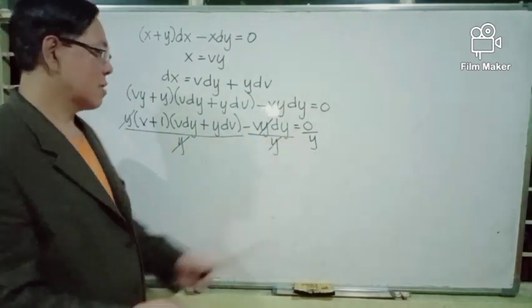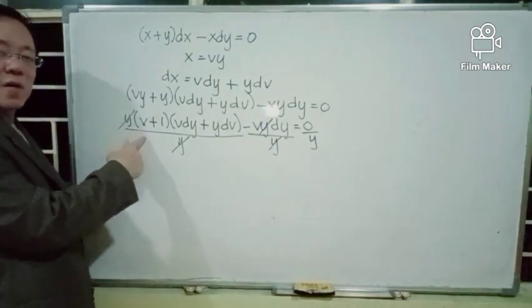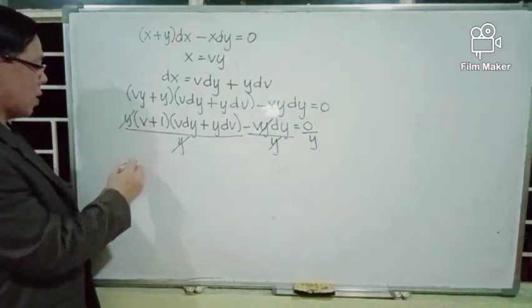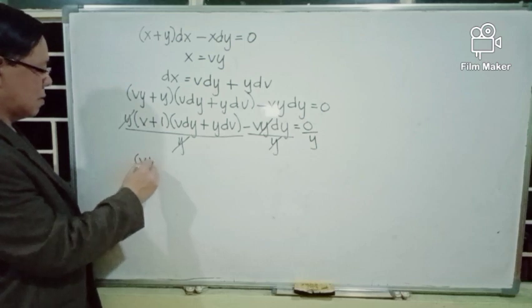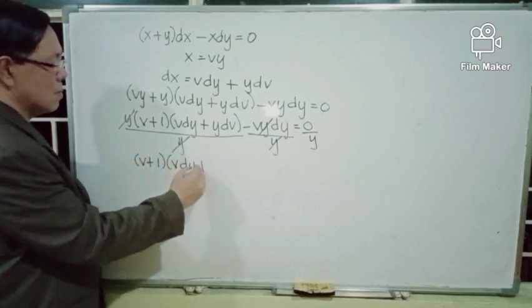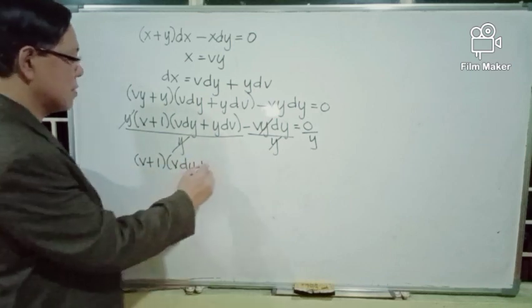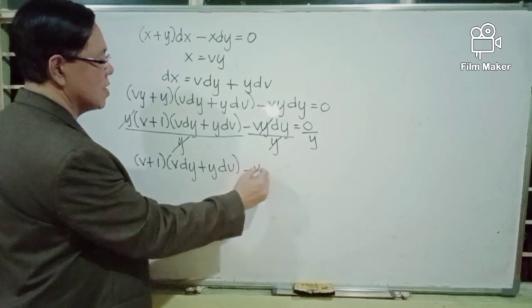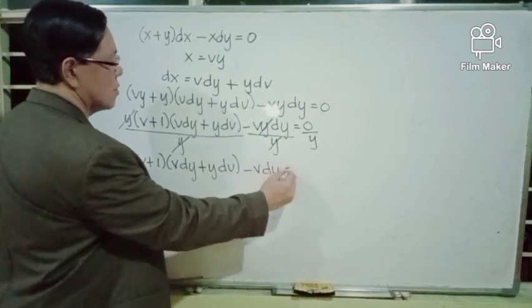And the right hand side is 0. For the first term, at the left hand side is v plus 1 times v dy plus y dv, minus v dy equals 0.